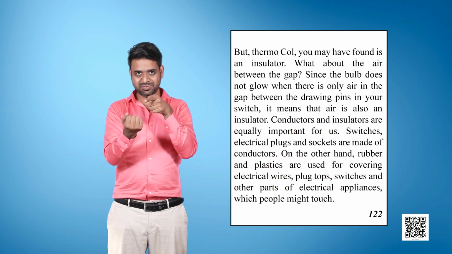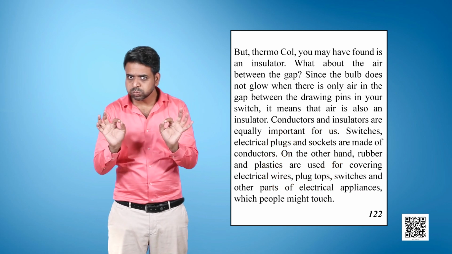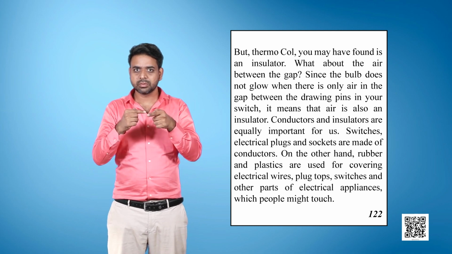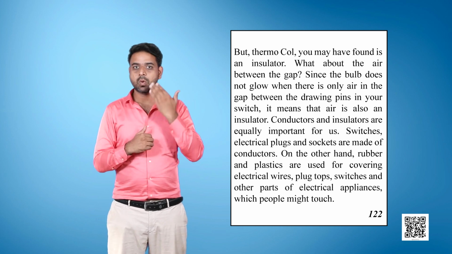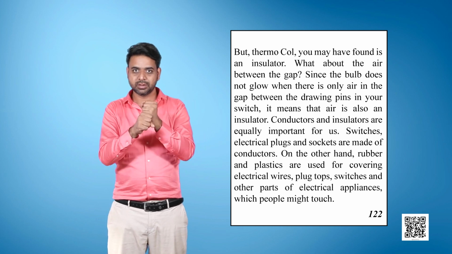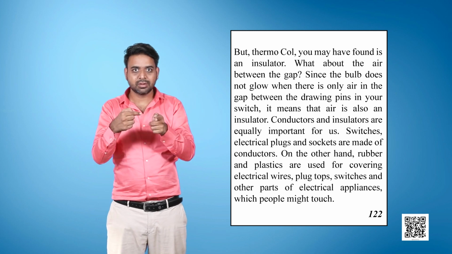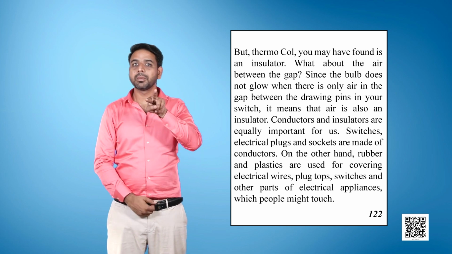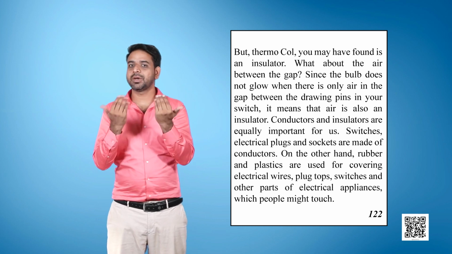But thermocol, you may have found, is an insulator. What about the air between the gap? Since the bulb does not glow when there is only air in the gap between the drawing pins in your switch, it means that air is also an insulator.